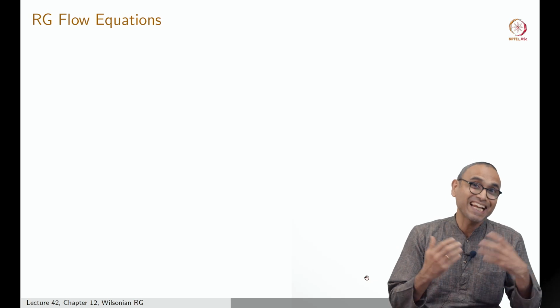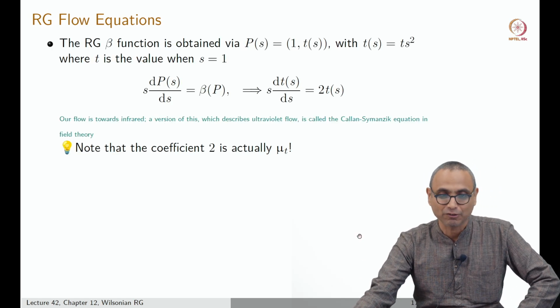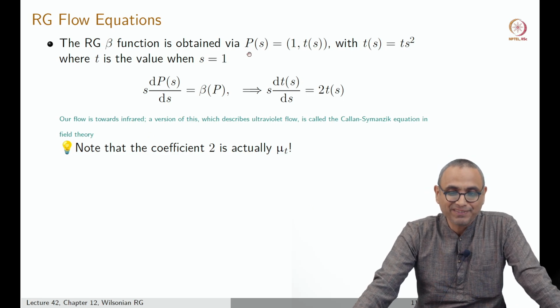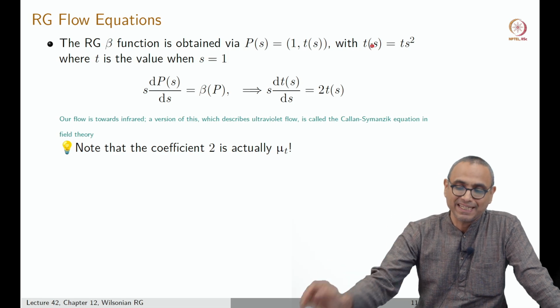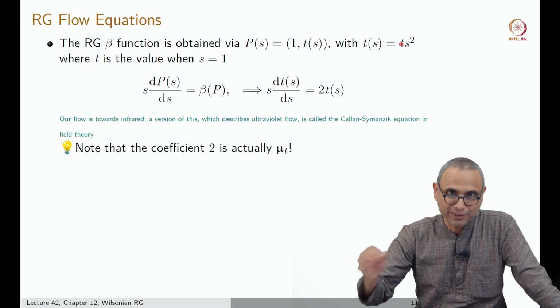Now let us analyze this flow that has shown up in this parameter space of P. You see, for the RG beta function, we have obtained the P of S, and this is just a formal definition. P of S is (1, t of S), and t of S from the previous slide is the same as t times S squared, where t is our initial value that we start off with.